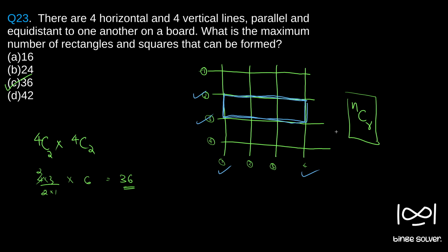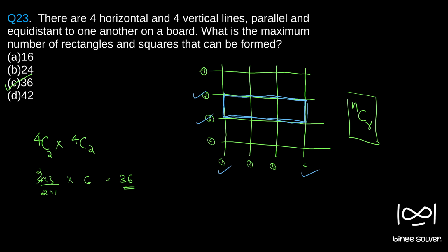That will help you gain enough knowledge about combination and permutation to solve such questions. So do check out that video if you are not very good with the concept of permutation and combination. Okay, so the solution to question 23 is C, 36.